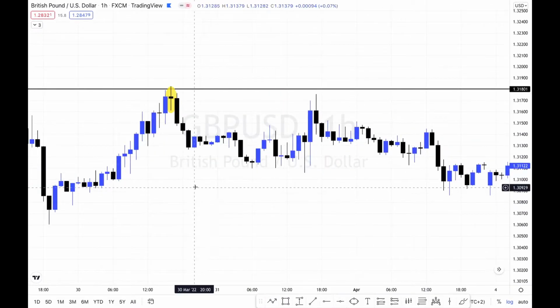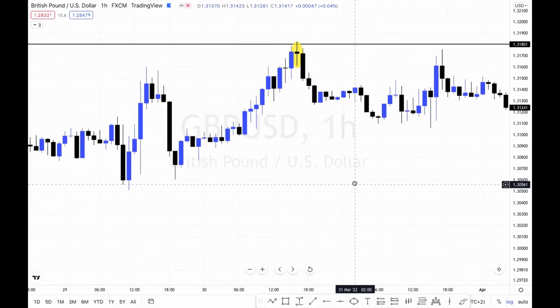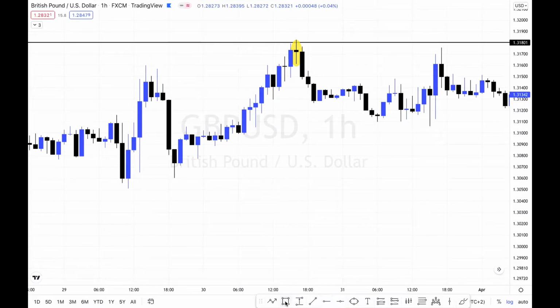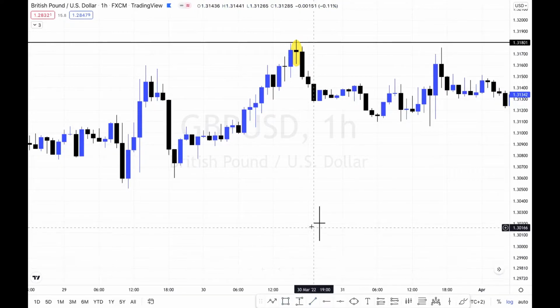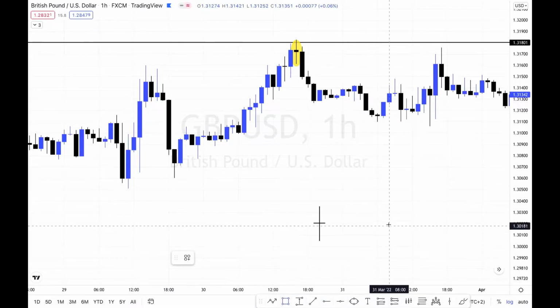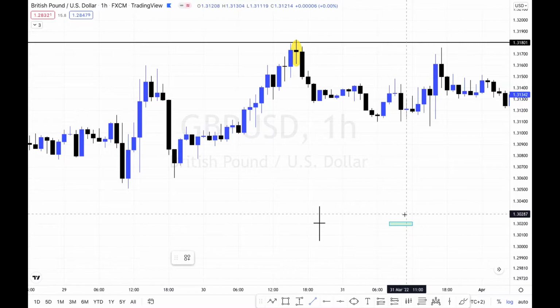So this is the doji. Dojis usually look like this. The wick is in the middle. No, the candle is in the middle. Well, it can look like this, or it can have a small body and then look like this.